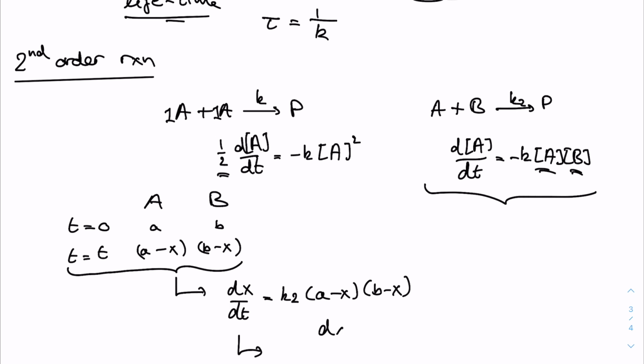So we get dx over A minus x times B minus x is K2 times dt. Okay, I have to go to a new page.